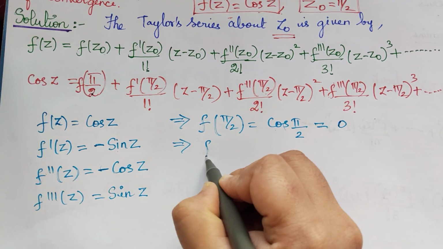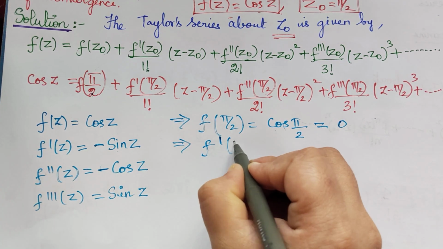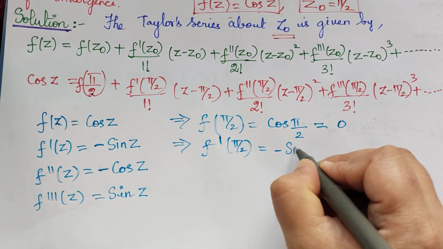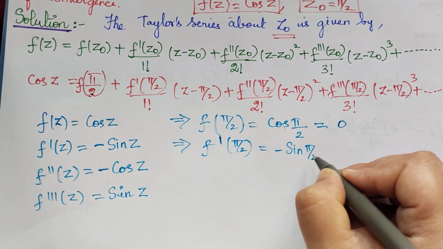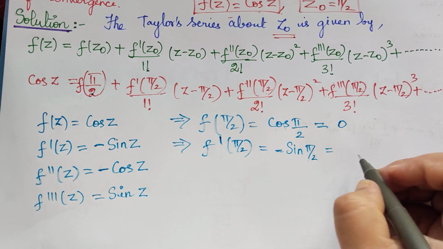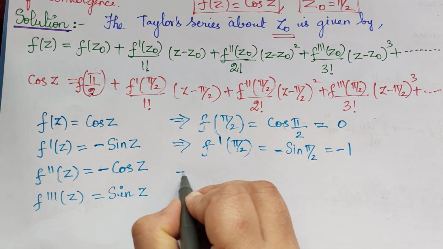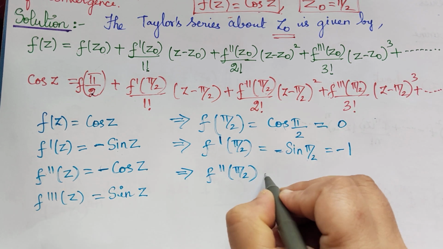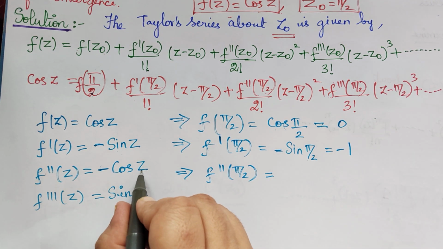Similarly, f dash of pi by 2 will be equal to minus sin pi by 2. We know that sin pi by 2 is 1, and since we have this minus here, it will be minus 1. And from this, f double dash of pi by 2 is equal to minus cos pi by 2, which is 0.